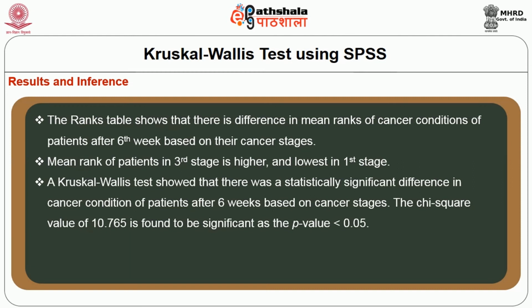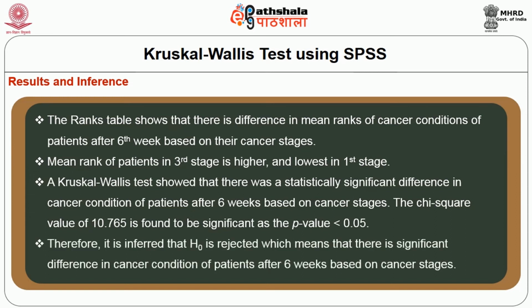The chi-square value of 10.765 is found to be significant as the p-value is less than 0.05. Therefore, it can be inferred that the null hypothesis is rejected, which means that there is a significant difference in cancer condition of patients after 6 weeks based on the cancer stages.